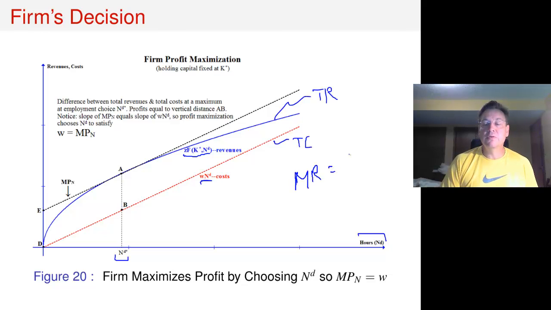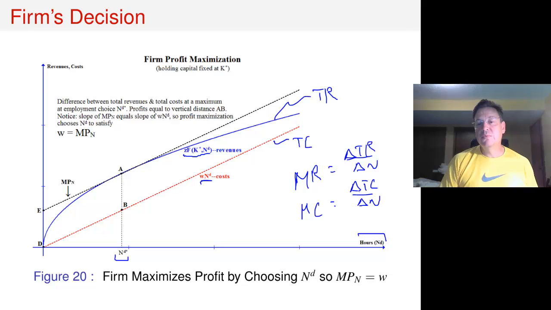Marginal revenue is going to be the change in total revenue over the change in hours worked. Marginal cost is going to be the change in total cost over hours worked. Now we can see that the change in total revenue over hours worked is just going to be the slope of this total revenue function, but that's also the slope of the production function.